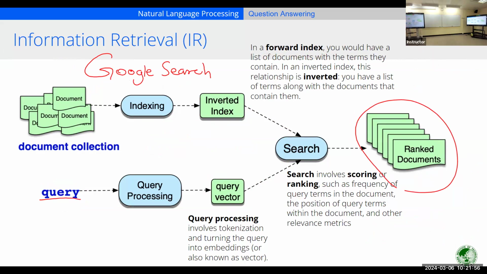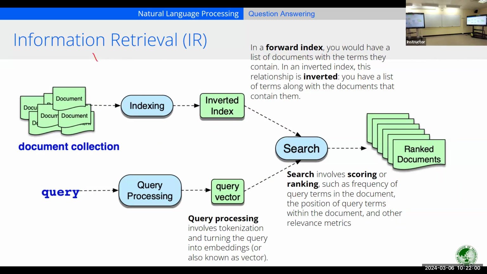But you may ask me, what is the difference between IR versus open domain QA? Well, the difference is very simple. After you get these ranked documents, you need to pass them through some model that can retrieve the answer from these documents.